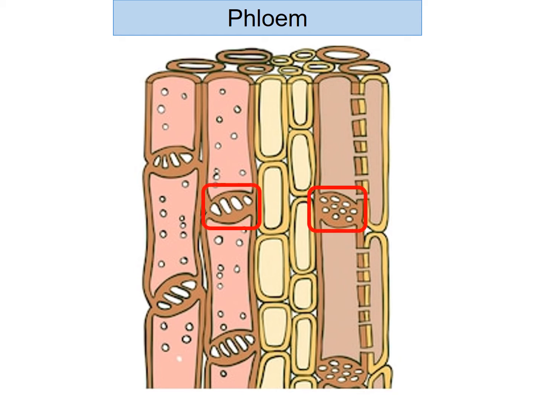Unlike these xylem cells, which are missing their end walls entirely, the cells of the phloem exhibit perforated walls at each end. These structures act like a sieve, selectively allowing sucrose and amino acids to pass through, while blocking the movement of larger molecules. Finally, we note that these cells of the phloem are each partnered with a companion cell. These species play an important role in keeping the phloem working as efficiently as possible.